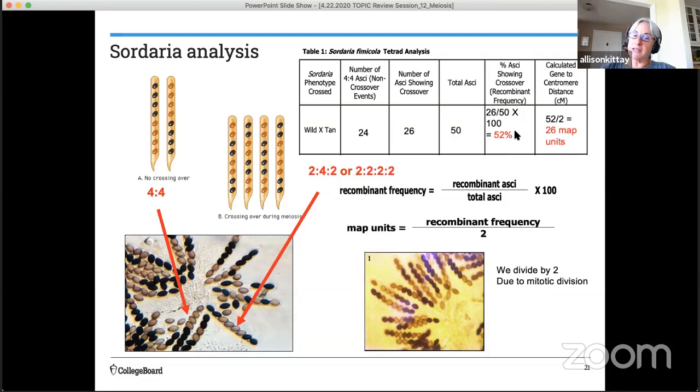We need to divide this by 2. And the reason we need to divide it by 2 is that remember that there is a mitotic division that occurs. So map units, which are kind of just arbitrary units to show you where that gene for spore color is on that chromosome, we need to divide that by 2. So we can see that the calculated gene to centromere distance is about 26 map units.